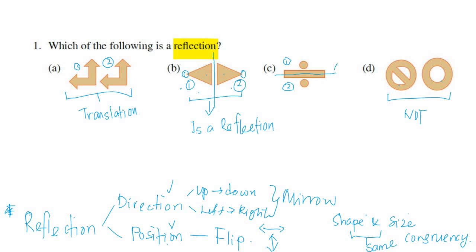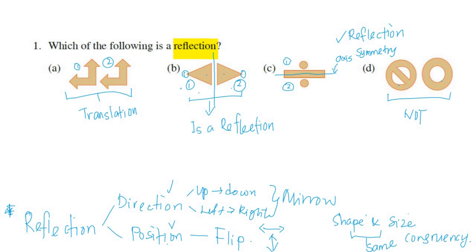In other words, this is also the axis of symmetry. When you have a shape, you can find the axis of symmetry, which means the shape is also involved with reflection. So we can say C is a reflection.